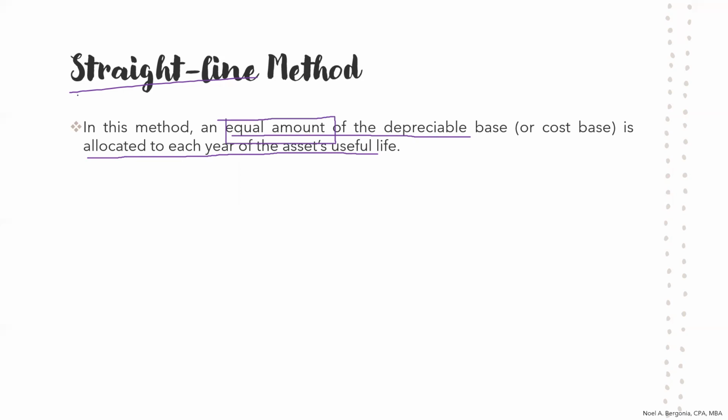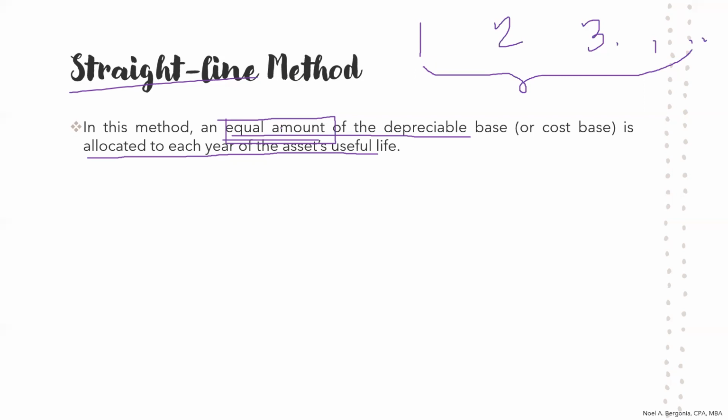So if you compute, let's say, with yearly reporting, year 1, year 2, year 3 until the end of the useful life, then the depreciation is supposed to be equal. But take note, it will only be equal if the time of use in that particular year is also equal, which I will explain further in our example. But the concept of straight line is that the depreciation expense should be equal per period.